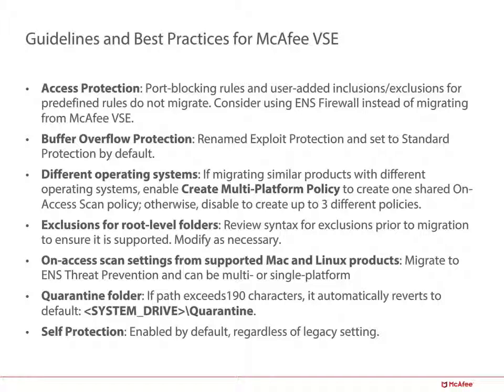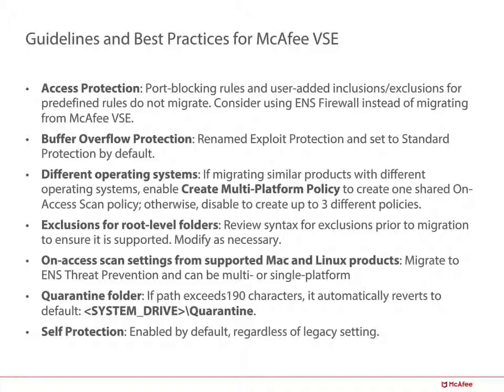So our guidelines and best practices for migrating the McAfee VirusScan Enterprise: for the access protection, look at your port blocking rules and user added exclusions. Those will not migrate. We want our customers to start using the ENS firewall instead of migrating.